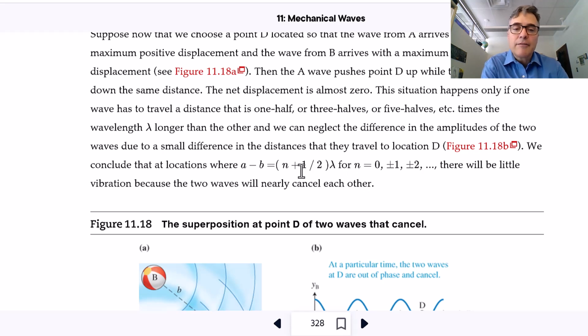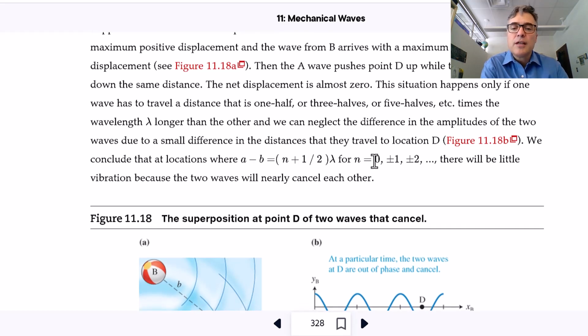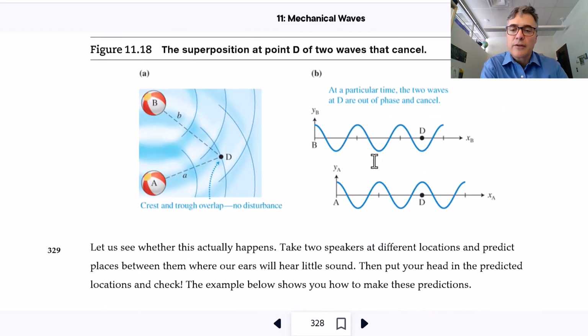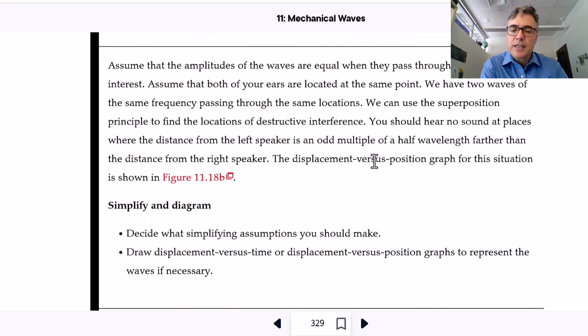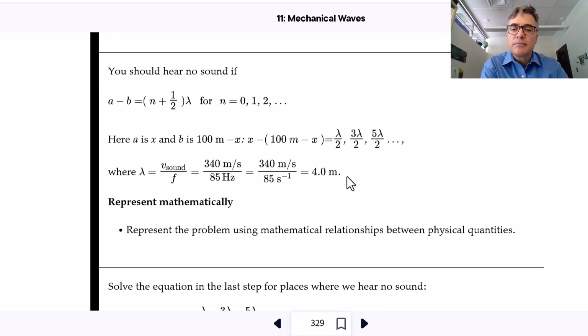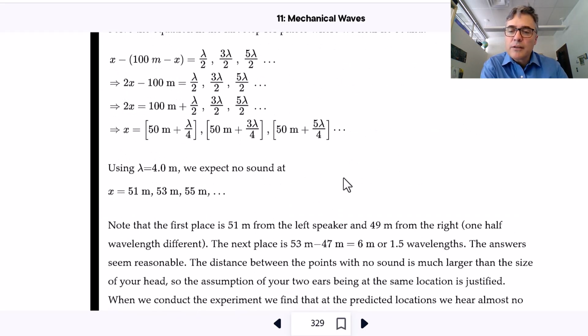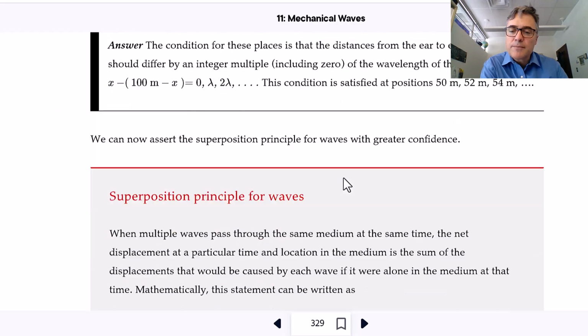So it could be a half if n is 0, could be 1.5 wavelengths. Anytime the difference, A minus B, from these two sources is n plus a half times that wavelength, then there'll be little vibration because the waves will nearly cancel each other. And there's an example of how to do some problem solving using this method of superposition.